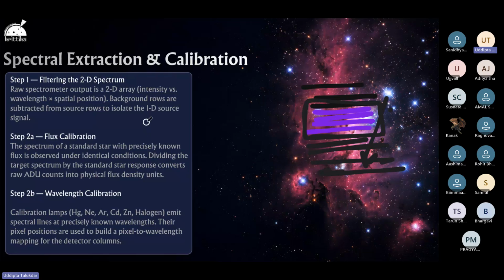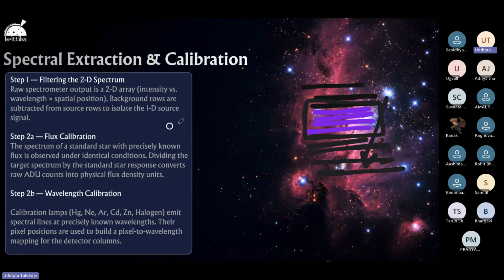Their emission lines appear at specific pixel positions on the detector. So you map the pixel values and then we fit a curve through those points. Now every pixel has a wavelength. It's like getting a ruler with no numbers on it, then putting known reference marks on it. Once you know where the 10 centimeter or the 30 centimeter are, you can figure everything out in between.